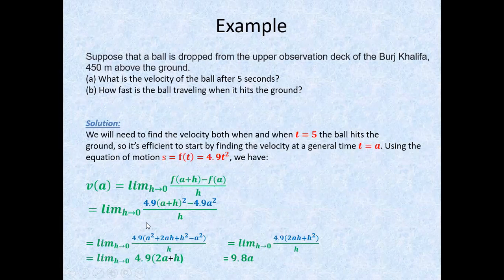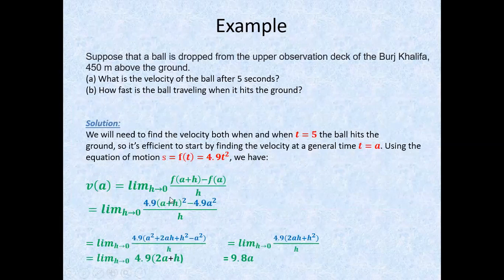If we put in all these values, replacing the variable, limit h tends to 0, 4.9 times a plus h squared minus f of a, where f of a is 4.9a squared, t squared meaning a squared.